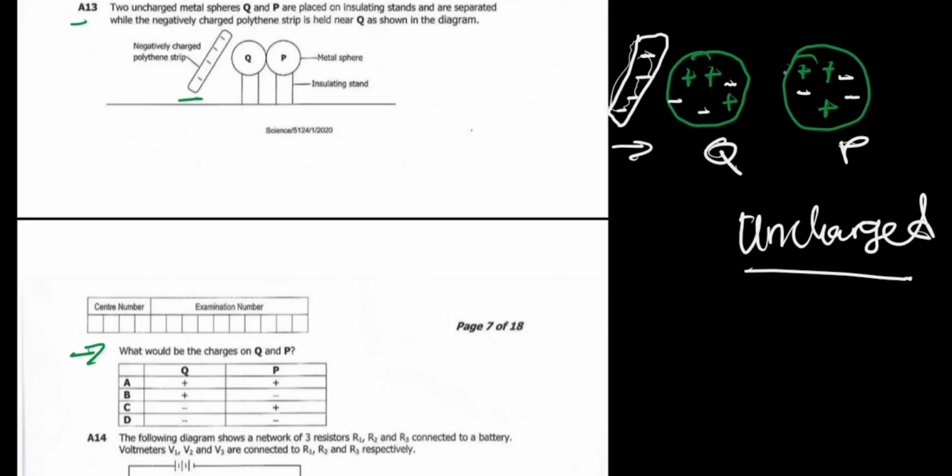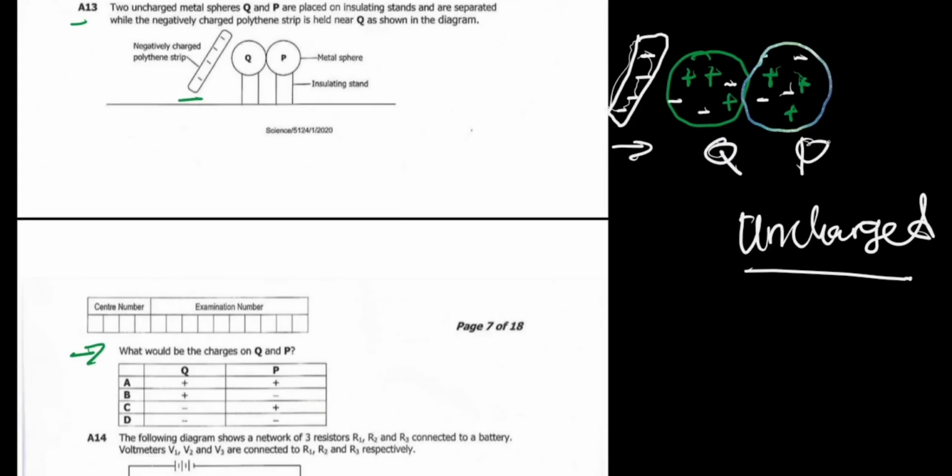Now, because these spheres are attached to each other, they are like this, and you have positive charges like that, and electrons like that. So the negative charges are going to be repelled to sphere P. And when they are repelled to sphere P, because these are attached together, the positive charges are also going to be attracted to this strip, which is negatively charged.